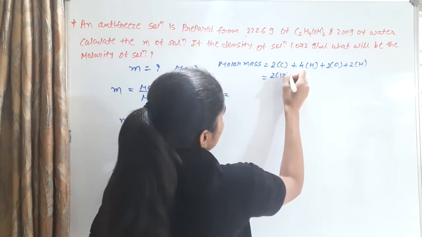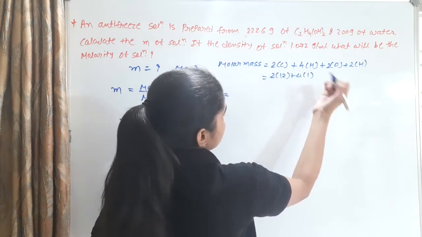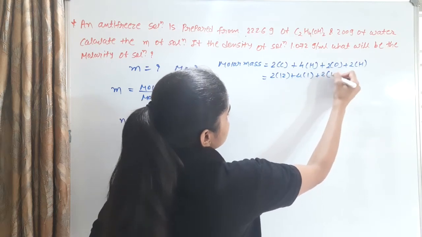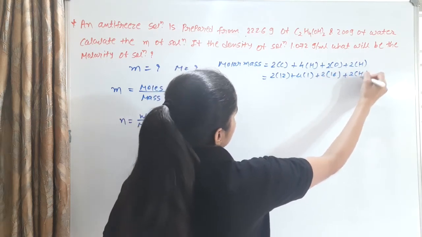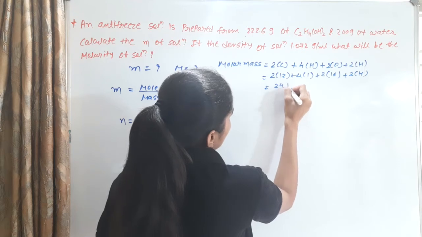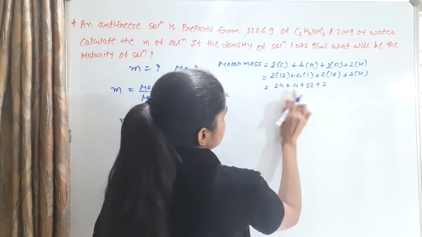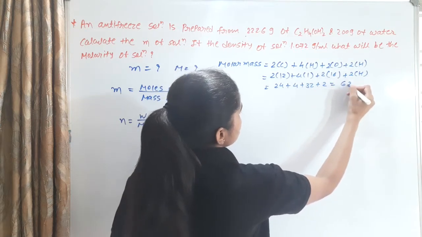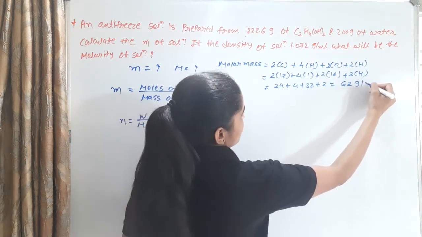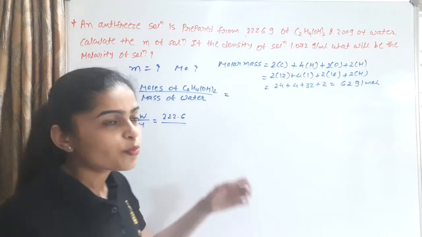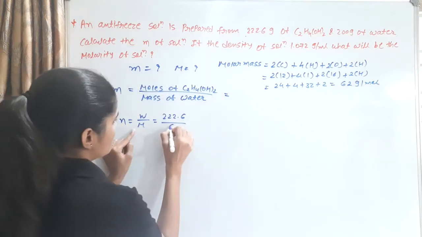So 2 carbon 12 plus 4 hydrogen atomic mass 1, oxygen 16 times 2, and H. That is 24 plus 4 plus 32 plus 2, which is 62 gram per mole. So the molar mass is 62.